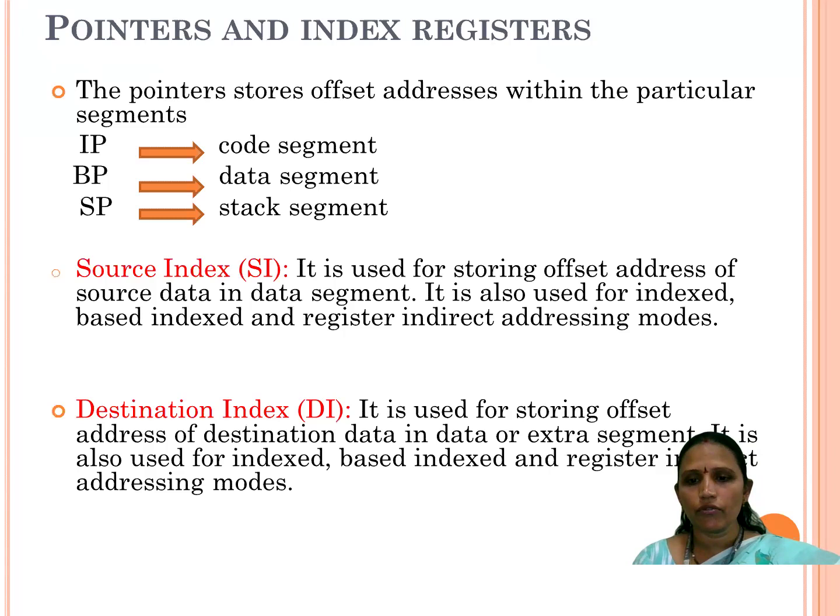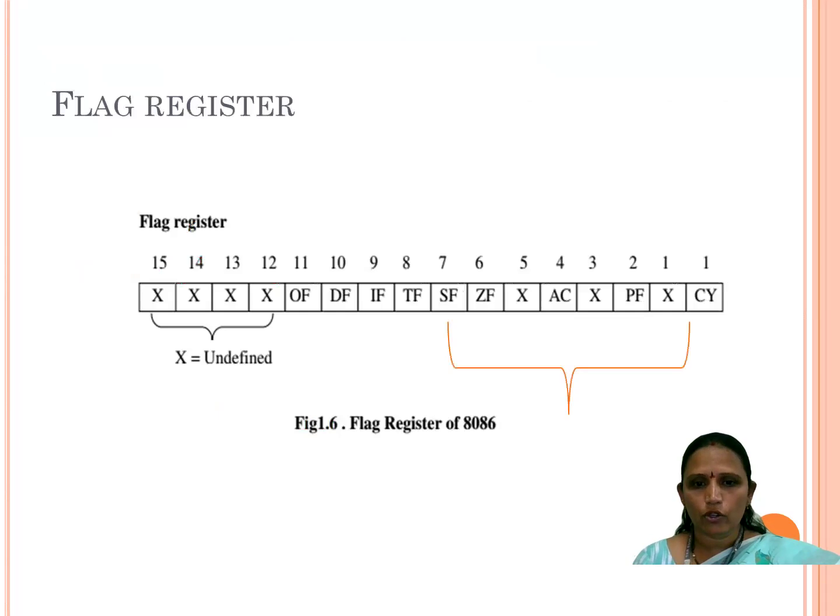We have different types of addressing modes for the 8086, and in all these addressing modes, like indexed addressing mode, based indexed addressing mode, and register indirect addressing modes, we can use the source index register. Coming to the destination index, it is used for storing the offset address of the destination data in the extra segment. It can also be used for the indexed as well as based indexed and register indirect addressing modes. So like this, these are the registers available in the 8086 microprocessor.